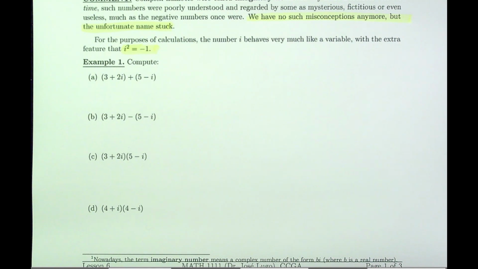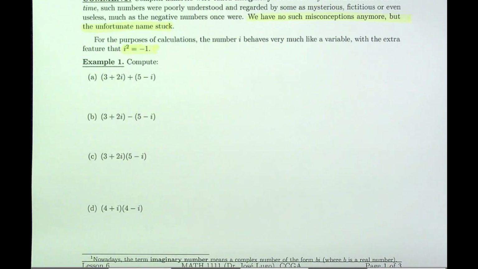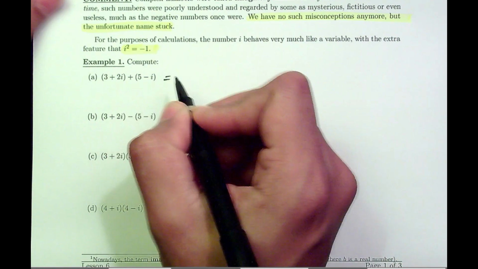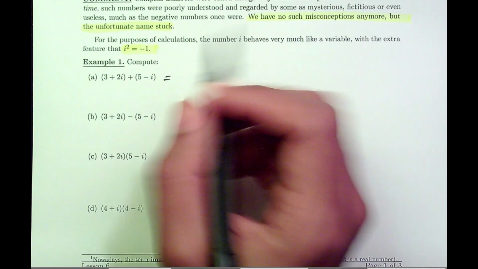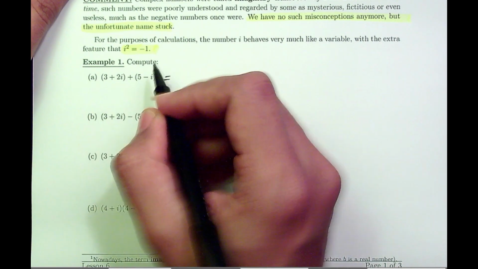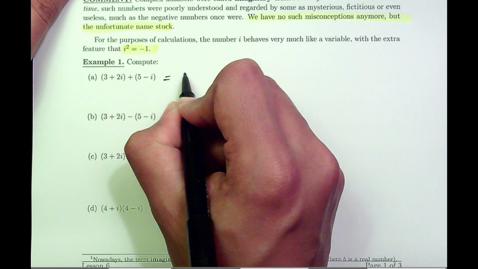So for example, let's compute the following: 3 plus 2i plus 5 minus i. Again, remember, we just treat this like a variable. We collect like terms. Things that don't have an i are like terms, and things that have an i are like terms. So we combine the 3 and the 5, that would be 8.